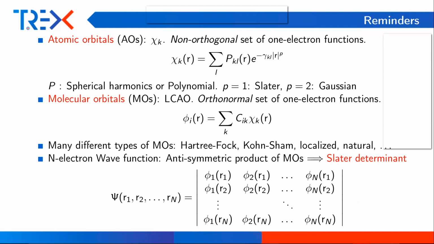I represented here the Slater determinant, where in the columns you have the molecular orbitals, and in the rows you have the electrons. Usually you will have more molecular orbitals than electrons, so you have to pick the selected set of molecular orbitals that give the lowest possible energy for the wave function.